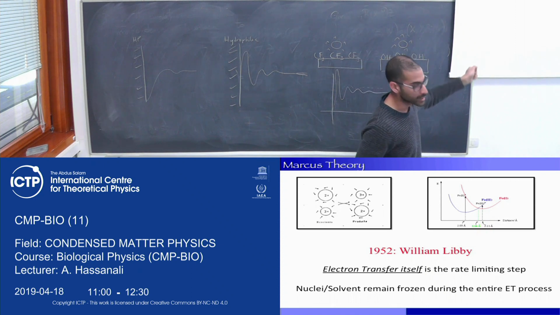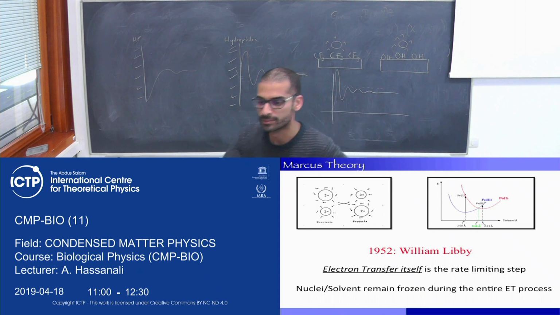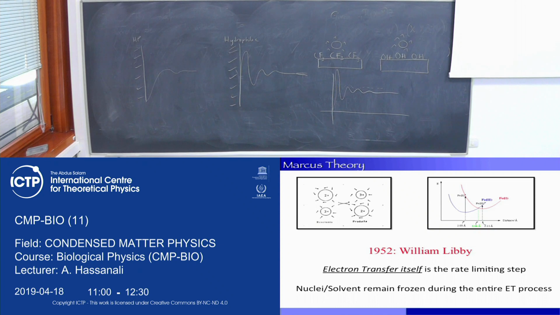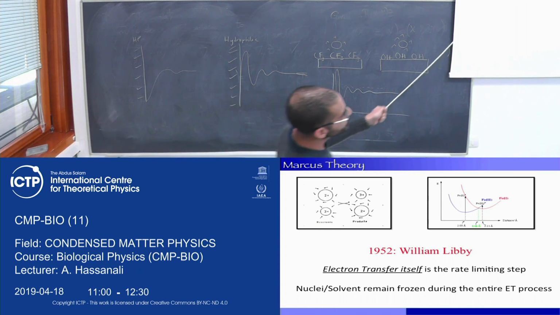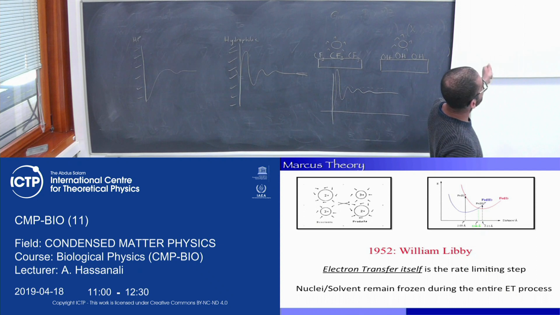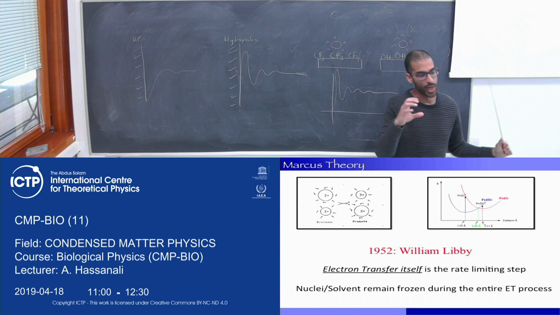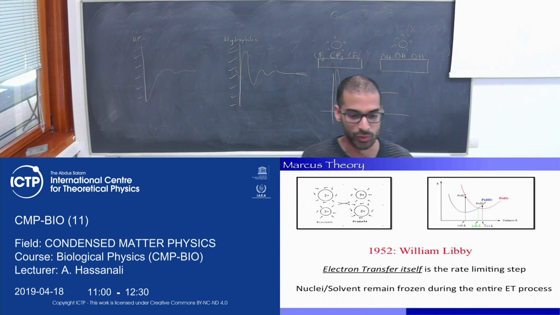He argued that this has to do with only the electron, that the rate limiting step was the electron tunneling from one ion to another. So it's only related to the off-diagonal elements of the coupling, H12 squared. If I have two states, the off-diagonal elements squared are the only thing that controls the electron transfer rate. And what he also said was, when the charge hops from one ion to the other, the ions, the nuclear degrees of freedom, remain frozen. They don't move.